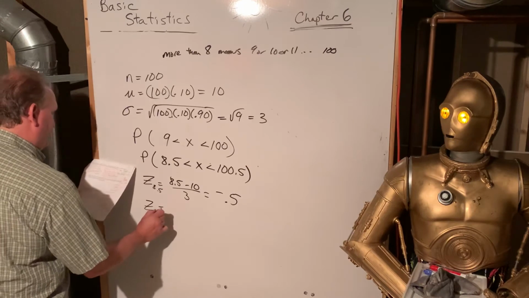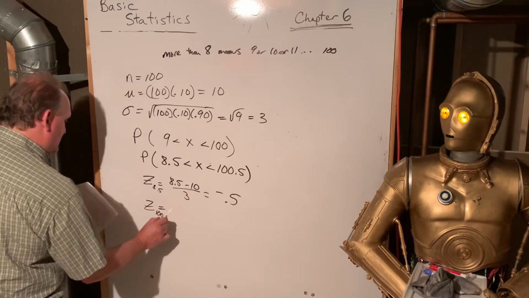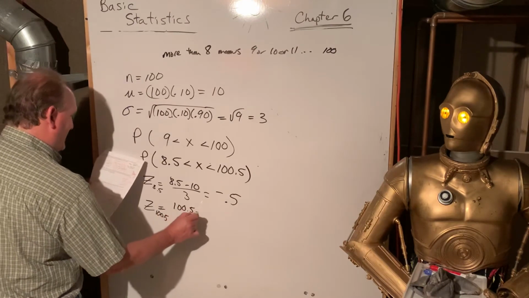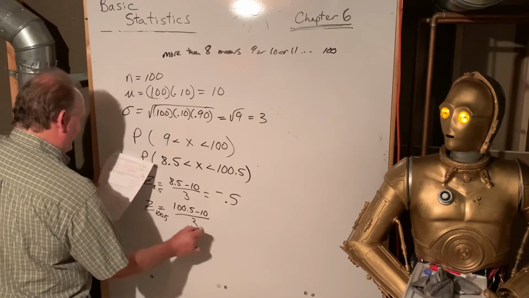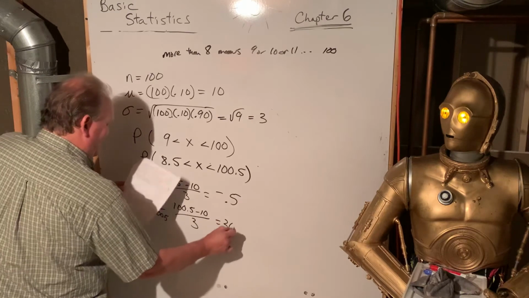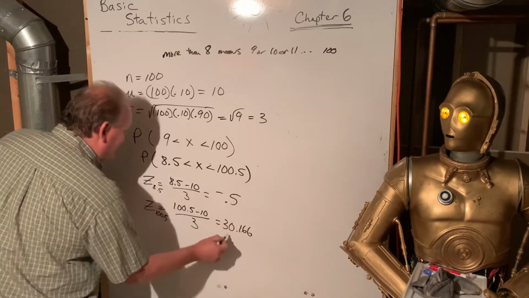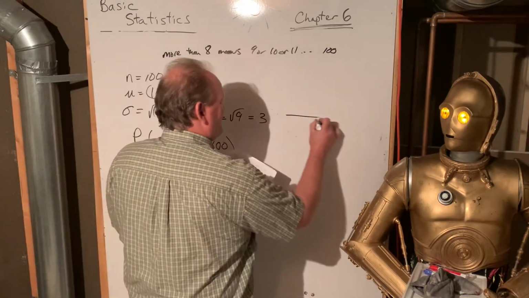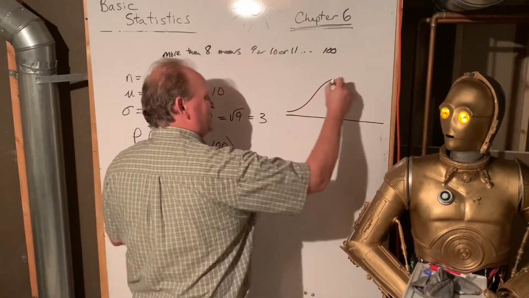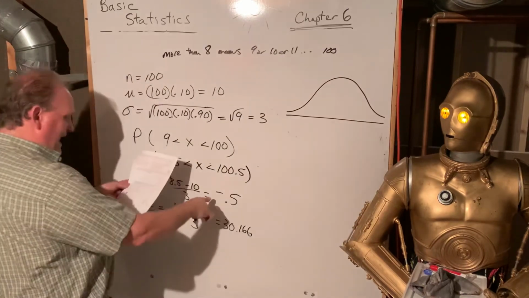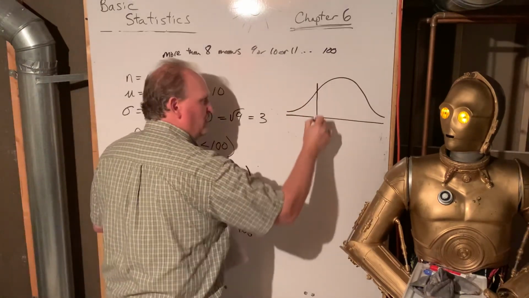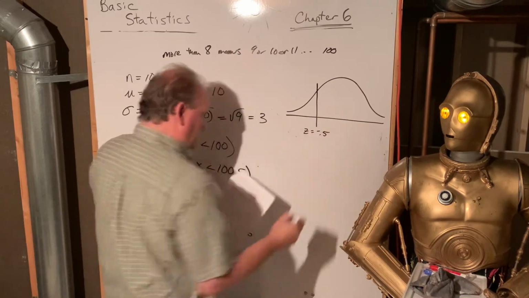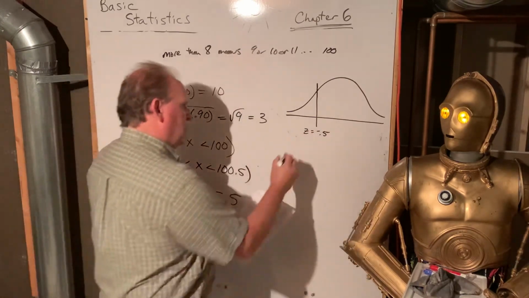And then for 100.5, that's going to be way up there again: 100.5 minus 10 divided by 3 is 30.166. 30 standard deviations above the mean is ridiculous. So let's draw ourselves a pretty picture. Half a standard deviation below the mean is all the way down here.